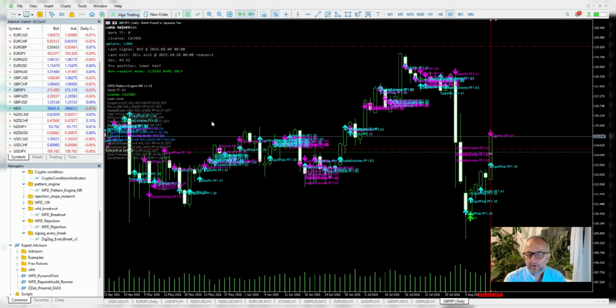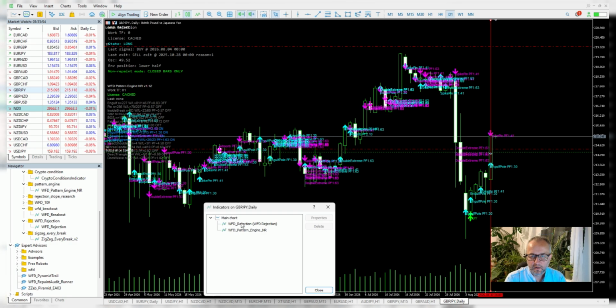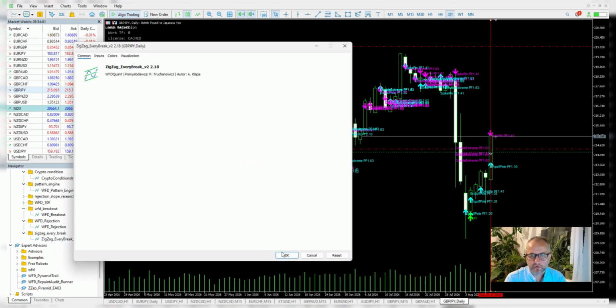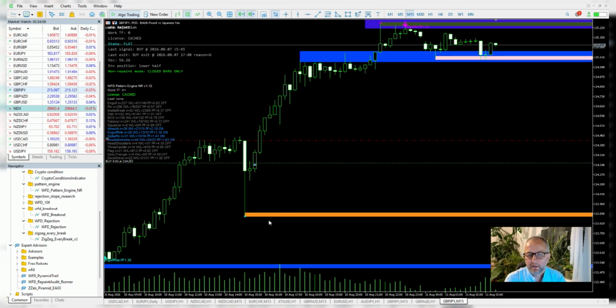What indicators are here? At the moment, I am just using this tool, the rejection pattern. However, I also use this one. And on M15, we have the confirmation which we were waiting for after the weekly brief, where it's a good place to get in.